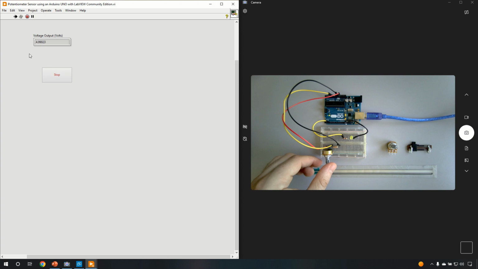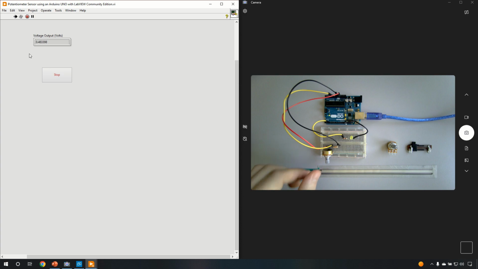You can see it can never reach 5 volts because we don't have a perfect potentiometer that really changes between 0 and 10K. Sometimes it's below 10K, sometimes it's above 10K. It depends on the tolerance of the potentiometer. Same thing for the lower bound. We still have some resistance in the wires.